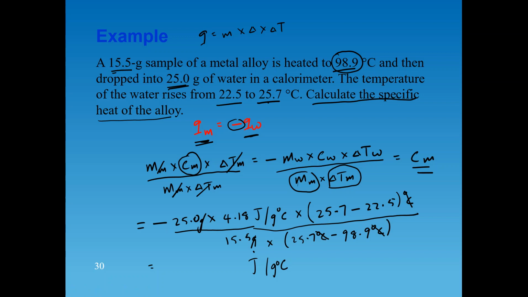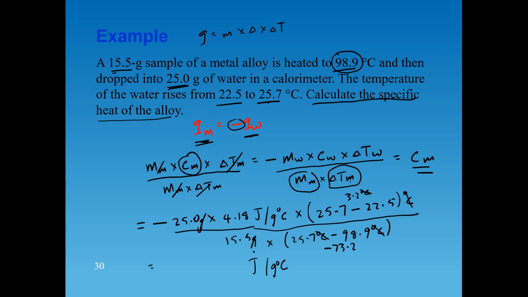So 25.7 minus 22.5. This part here will give you 3.2 degrees Celsius, which will cancel out. The degrees Celsius will cancel out. And then 25.7 minus 98.9 gives you minus 73.2, all right?